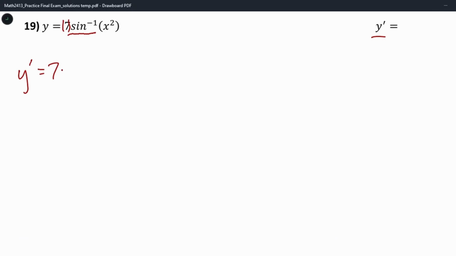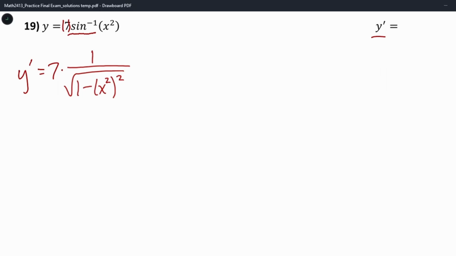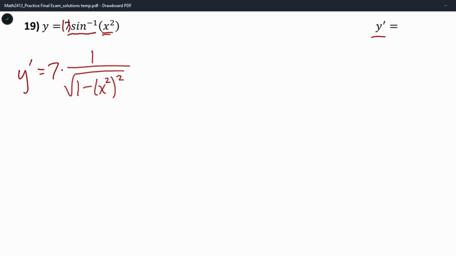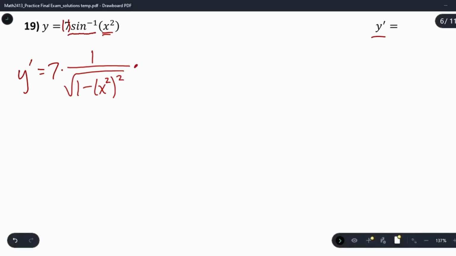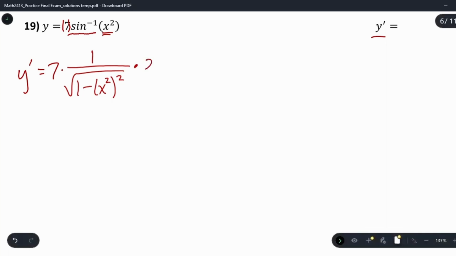We're going to have our derivative of 1 over square root of 1 minus x squared. But here our angle is x squared, so that's going to be squared. And since it's not just x for the angle, we are going to have to use the chain rule. So we will need to multiply by the stuff inside, which is 2x.